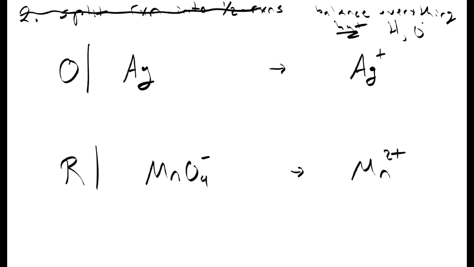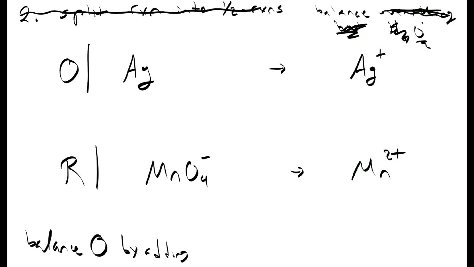So now, having balanced everything but hydrogen and oxygen, we're going to go ahead and balance oxygen. So oxygen is what comes next. And you balance oxygen by adding water. So balance O by adding H2O. That's because our redox reactions usually take place in water, and so there's plenty of water available.